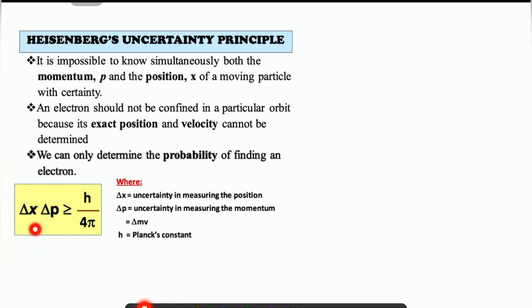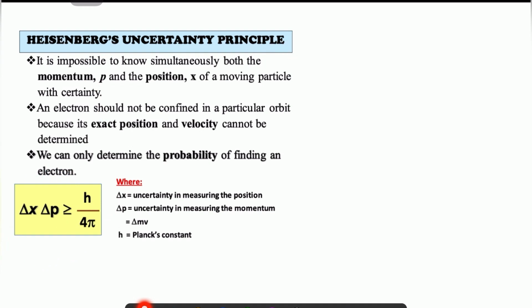Delta x refers to the uncertainty in measuring position, delta P refers to the uncertainty in measuring momentum, and the product is larger than or equal to the Planck constant over 4 pi. So this is the formula for the Heisenberg Uncertainty Principle.